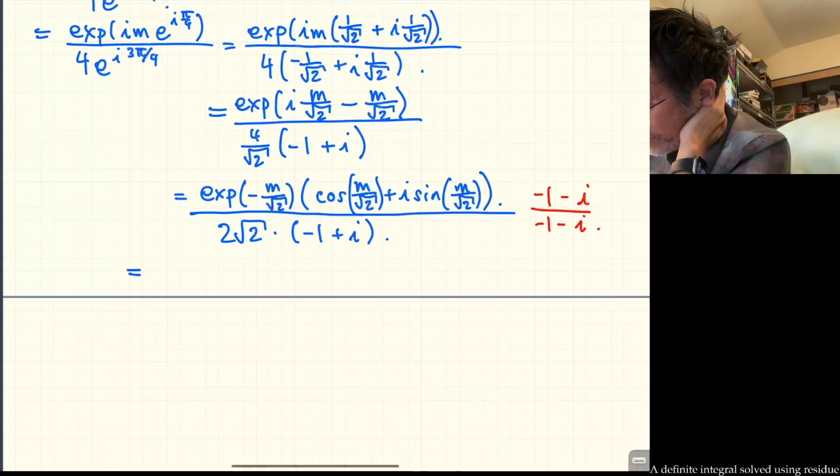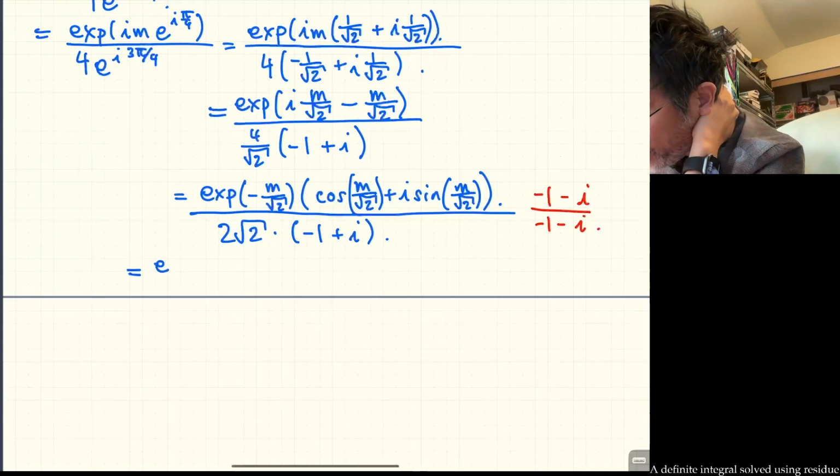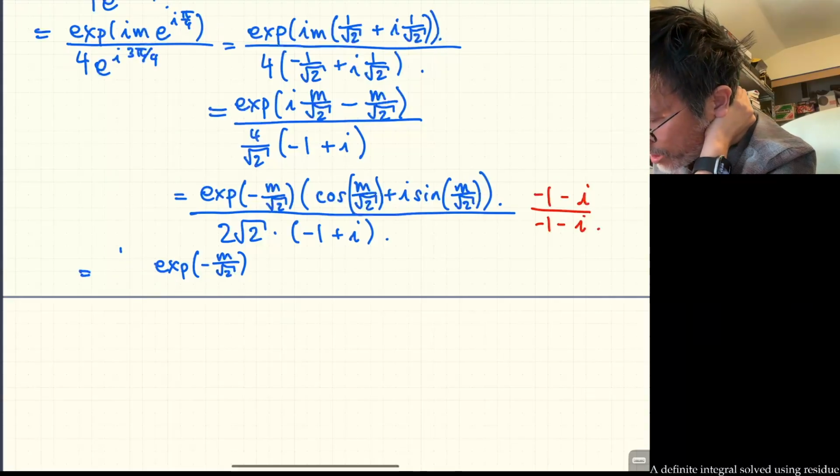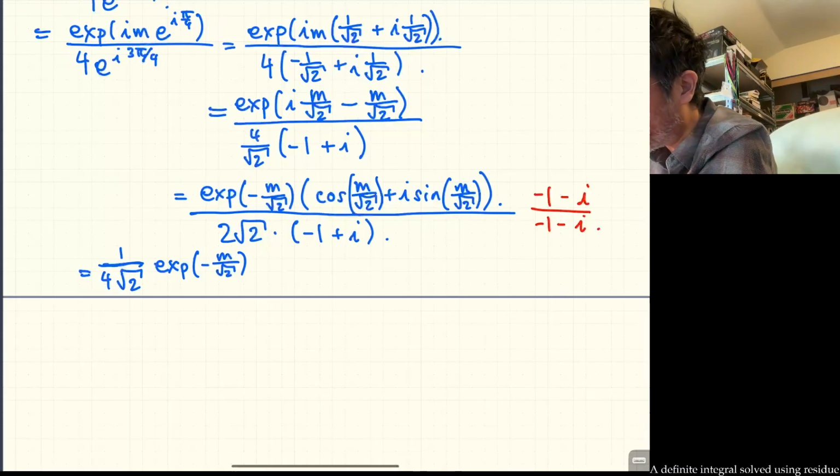You can check that. Yeah, that looks right. So we get exp of negative m over root 2, and if that becomes a 2, then we get a 1 over 4 root 2. I don't know if I've done something weird there. There's the exp, and then I need to multiply this complex number by negative 1 minus i.